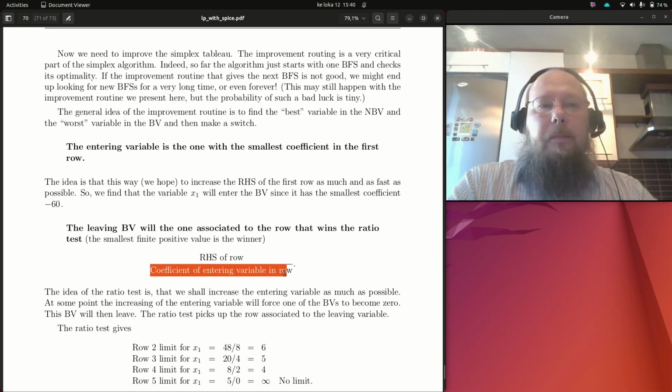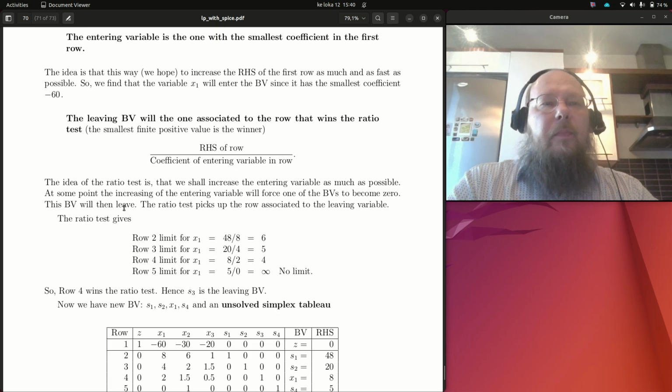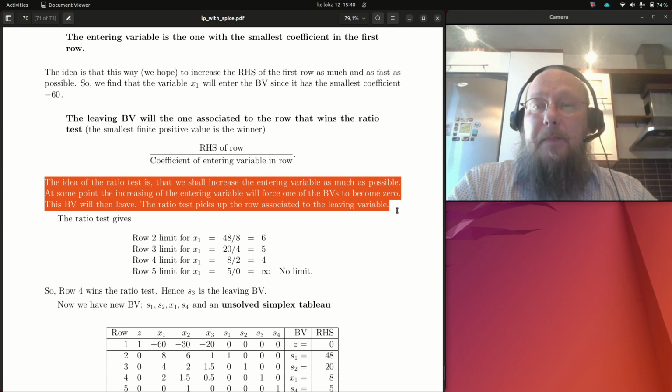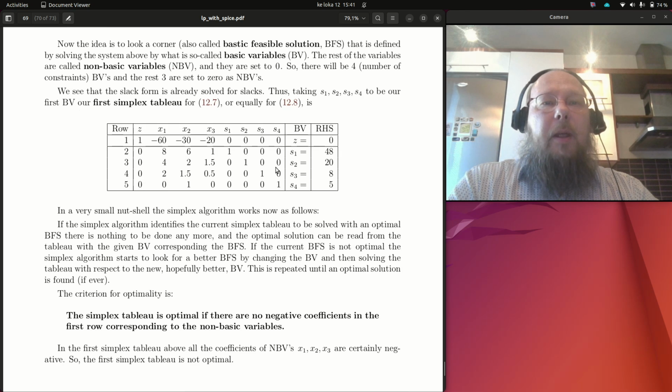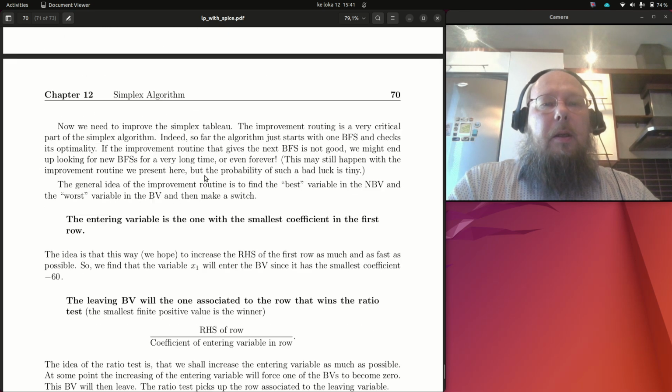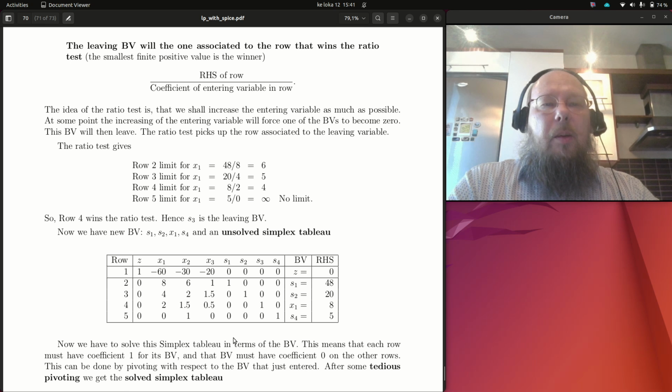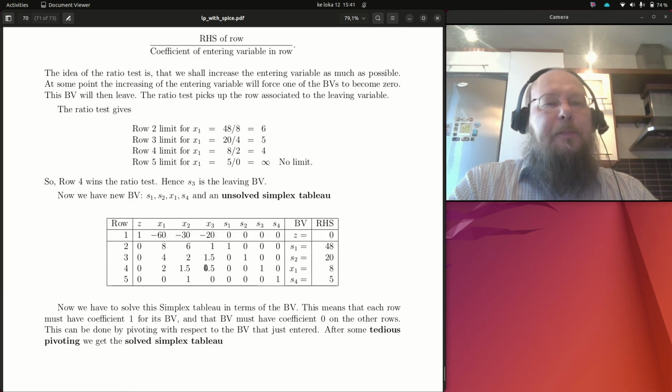Okay. The idea of the ratio test, I just explained this, so I will not say that again. Instead, let's look at the ratio test. So we are basically looking at this table here. This table is almost the same. So now here is this x1.